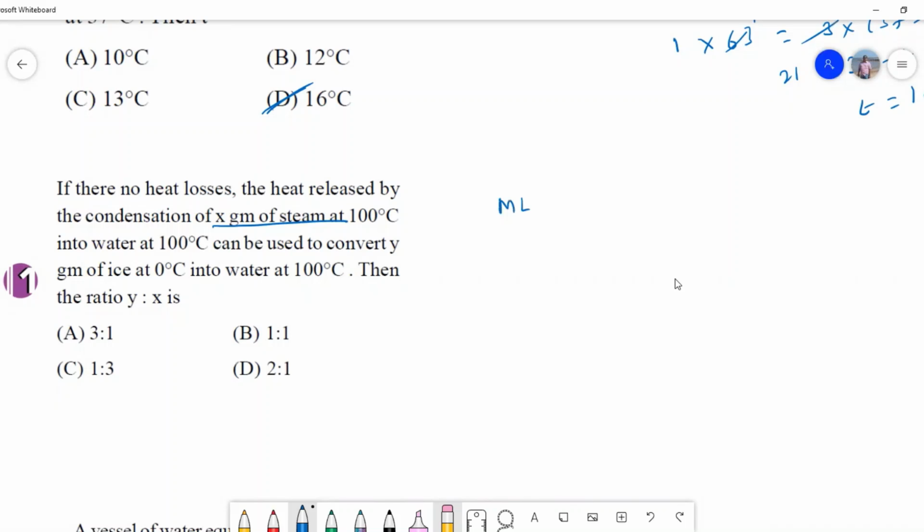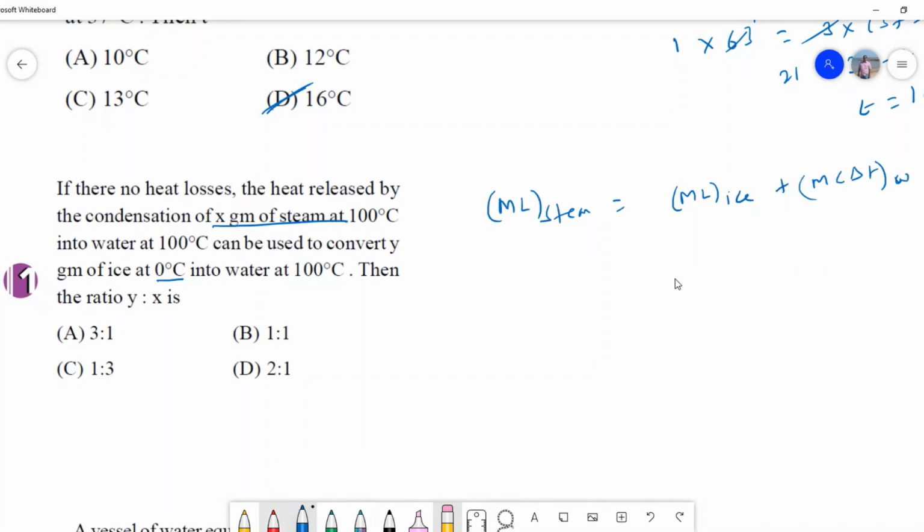So that means mL of steam is equal to, first ice at 0 becomes water at 0, then 100. So we can write mL of ice plus mc delta T of water. Why? Because first ice will melt and again the temperature of that water rises to 100.